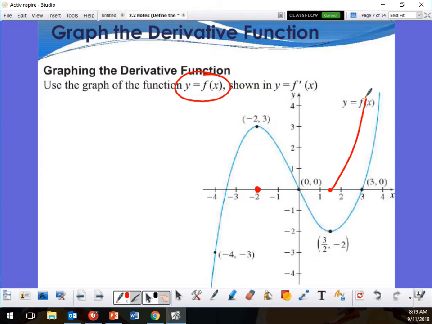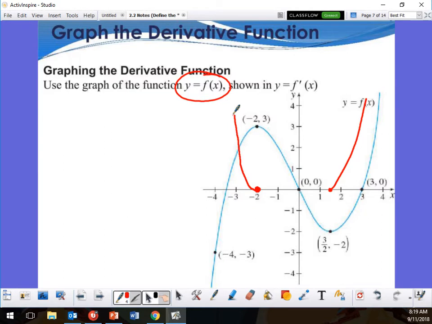To the left side of -2, what is happening? The slopes of this one are always going to be what? Positive. It's going up, isn't it? So the graph of the derivative should be above the line, in the positives. So it should be positives there.